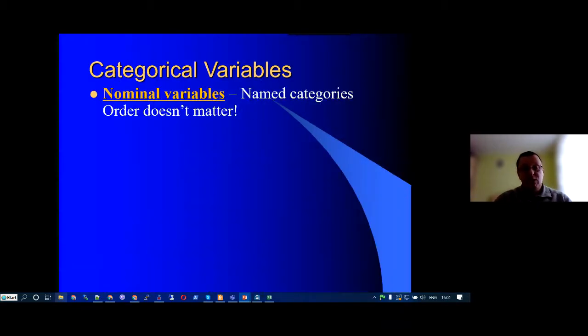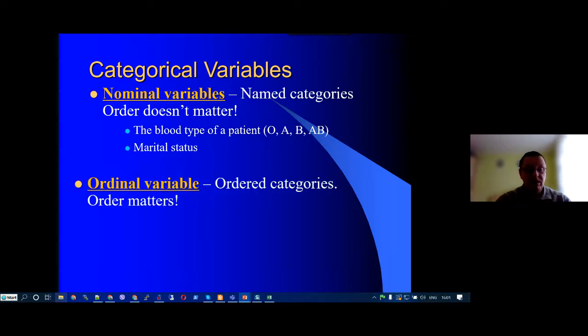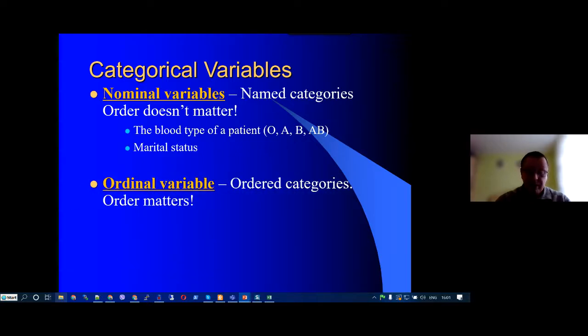For nominal and ordinal variables, the major difference is that nominal variables represent named categories where order does not matter. It's like blood type of a patient or marital status or even patient number itself, patient name. Other examples of nominal variables are city name, country name, and so on.